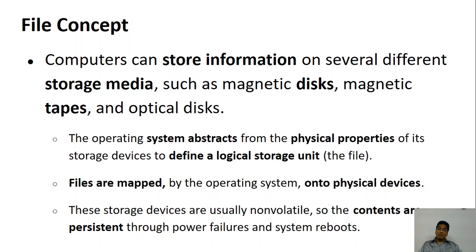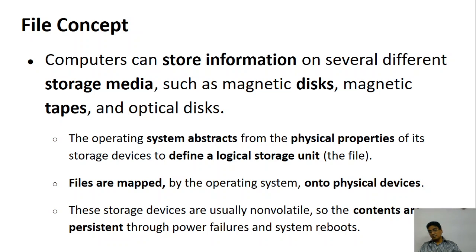However, what the operating system does is abstract out all the physical details from the user, and it just provides a logical view of the content. Generally, it is shown in the form of a unit, that is, the file.